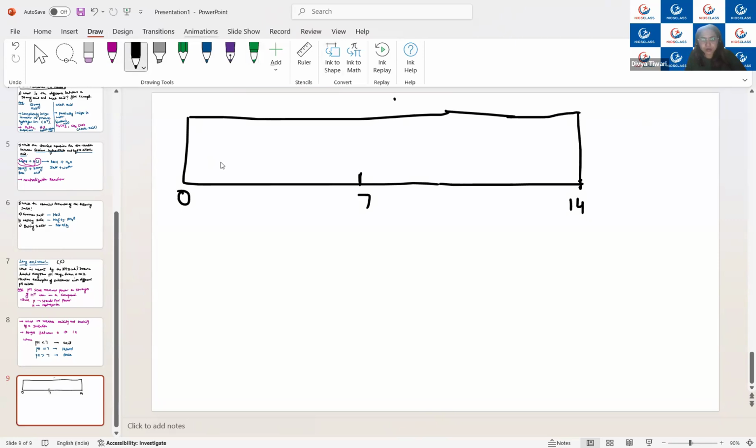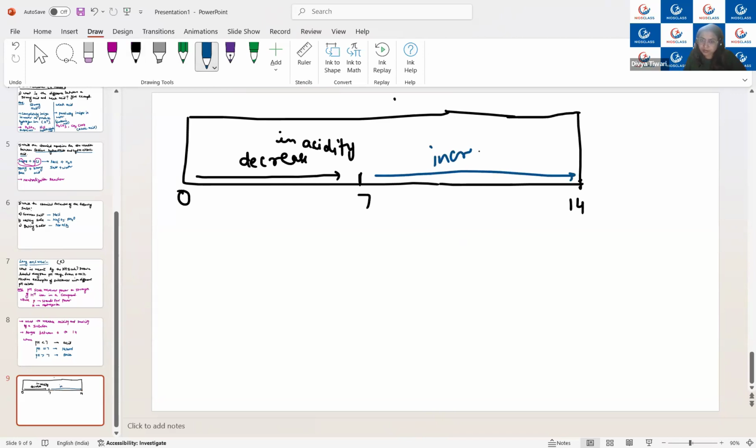Okay, so this part from here to here you can say decrease in acidity, and here you will say increase in basicity.